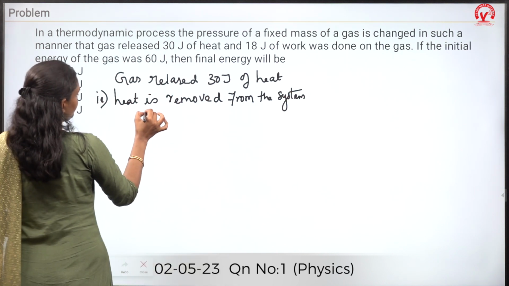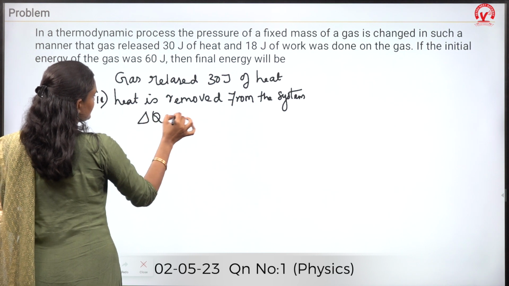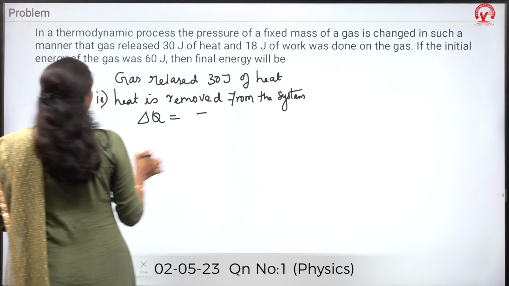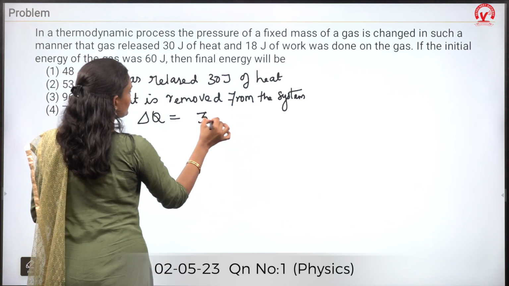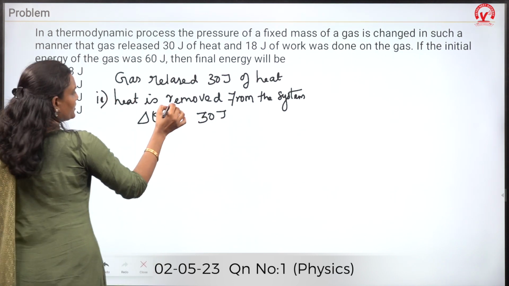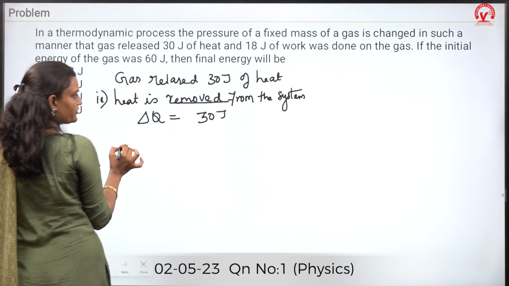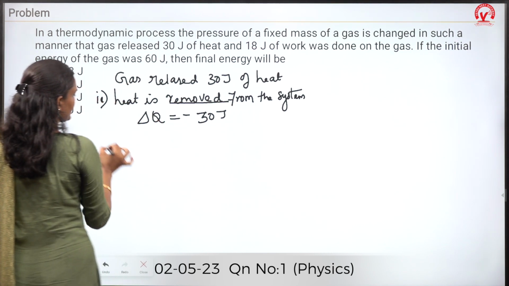So heat is removed from the system, and what is the given value? 30 joule. Now, heat is removed from the system, so negative sign.